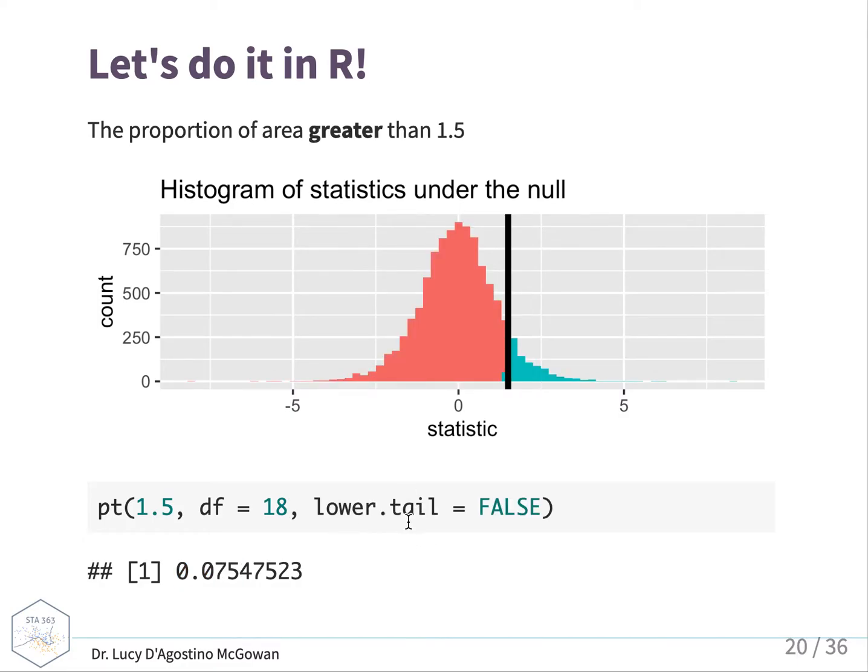If I use the lower.tail equals FALSE argument in the pt function, I end up with the opposite, so basically 1 minus that. Now it's telling me the probability of being on the right side of the line, which is closer to what we're trying to get at. This tells me that we have 7.5% of the mass on this side of the statistic that we observed.